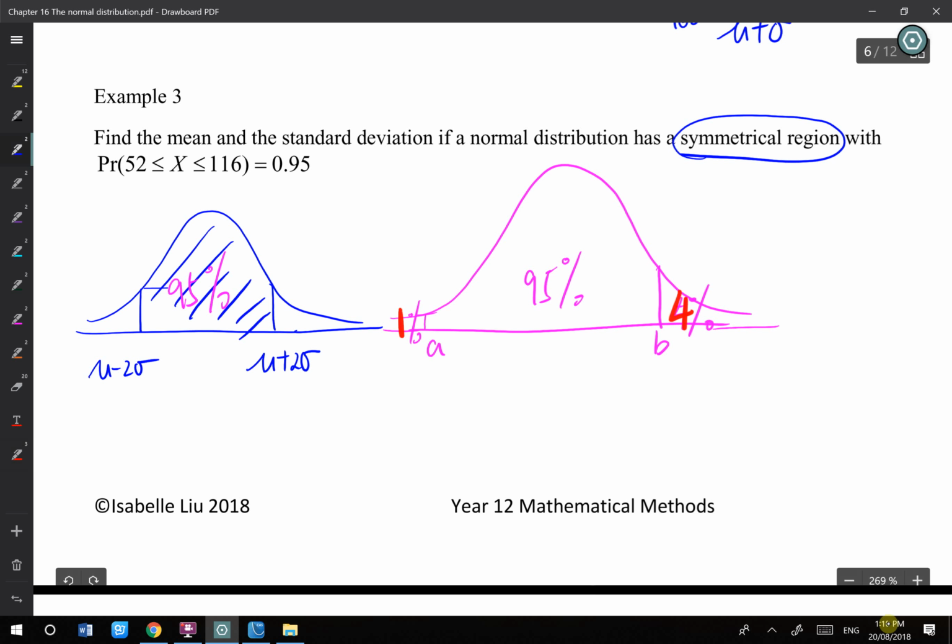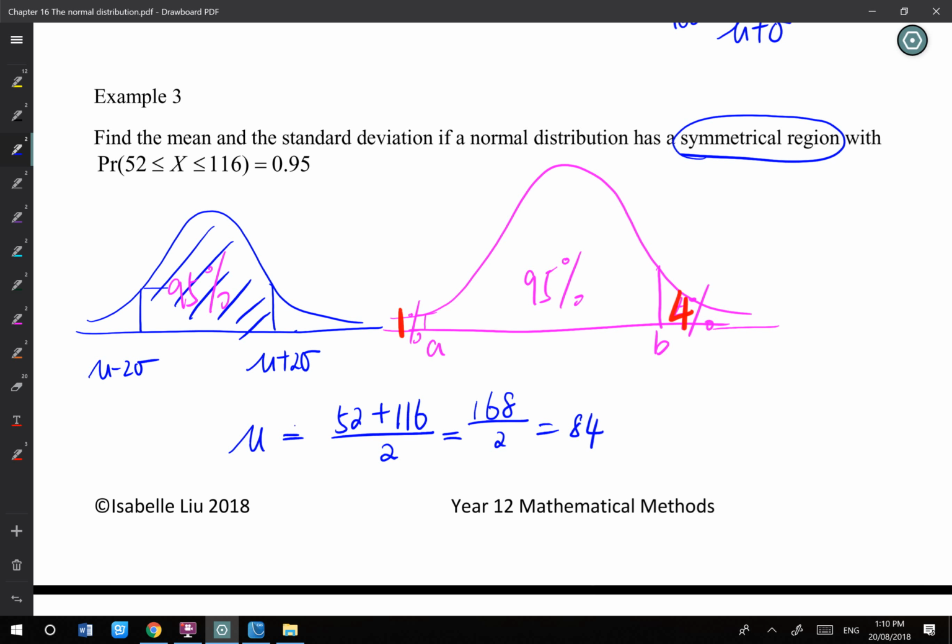Good. I just want to hear that. So mu is the average between that: 168 divided by 2, 84. How do we calculate the standard deviation? How many standard deviations are there in between those two numbers? 2 left, 2 right.